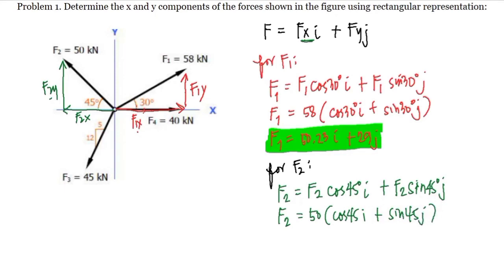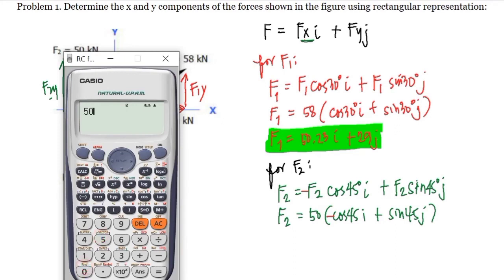But we have to consider the sign since this is directional, no? So as you can see here, the F2x is directed to the left, so meaning the x component is negative. So this will be considered as negative here, and we have negative in the x component. So we have 50 cosine 45 is equal to 35.36.